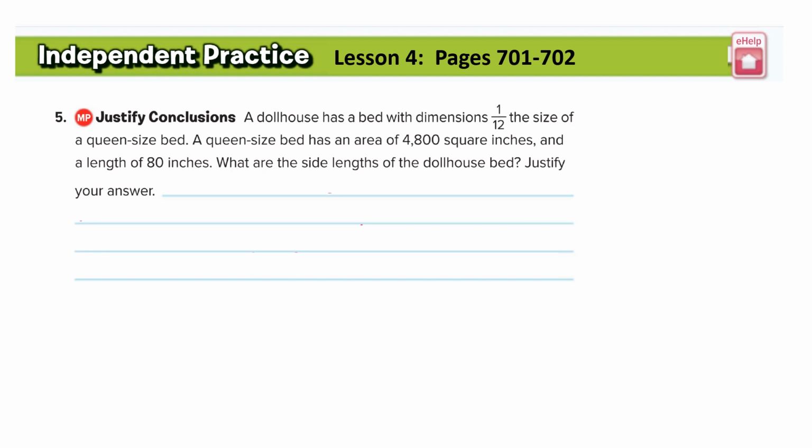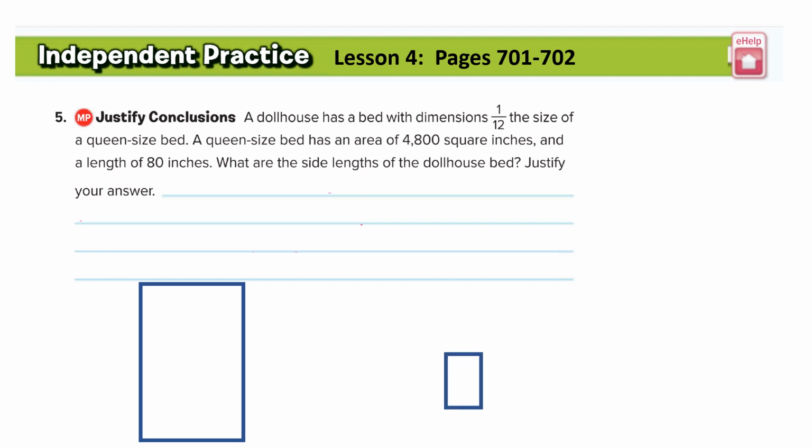Justify your answer. We have a regular queen-size bed, and then we have a dollhouse bed. To get from the queen-size bed to the dollhouse bed, we are going to multiply by 1/12, which, like I said before, is the same as dividing by 12.